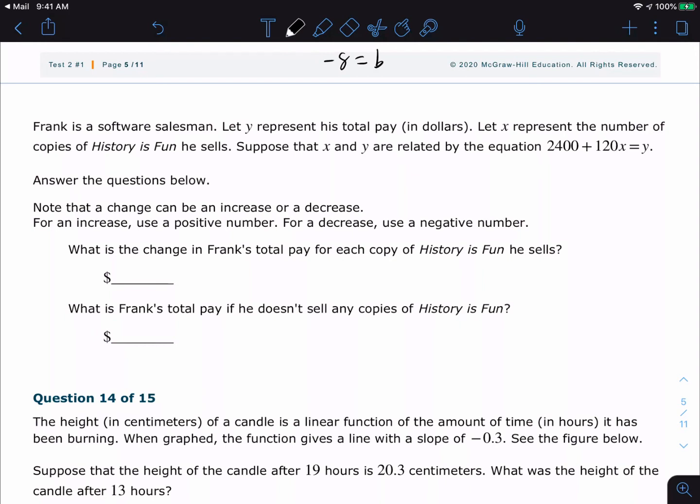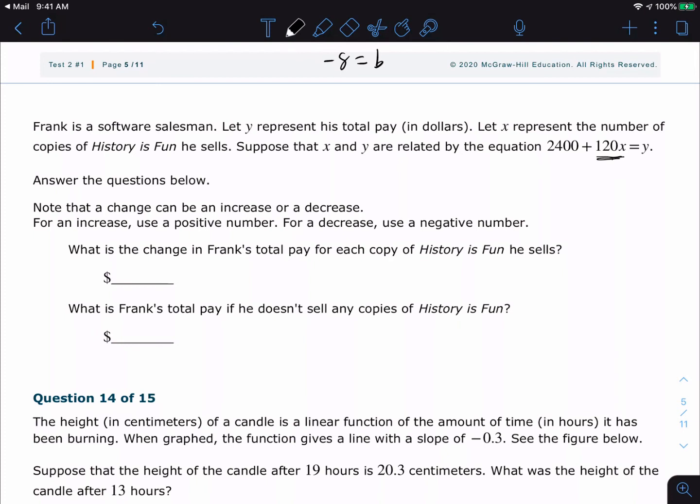For the increase, use a positive number. For the decrease, use a negative number. So what is the change in Frank's total pay for each copy of the History is Fun he sells? For each copy that he sells, it's going to be this number right here.